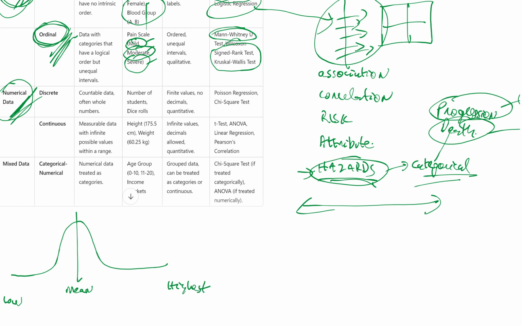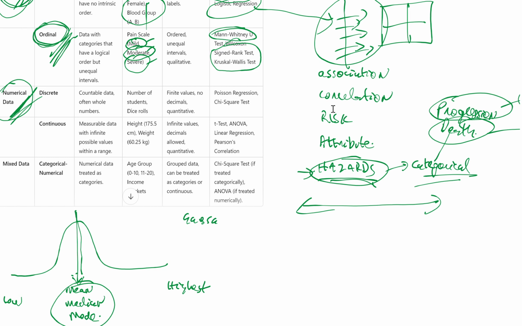Then we compare the mean with the median and the mode. If the mean, median, and mode are all the same, then we call it Gaussian data, which is a typical data set.